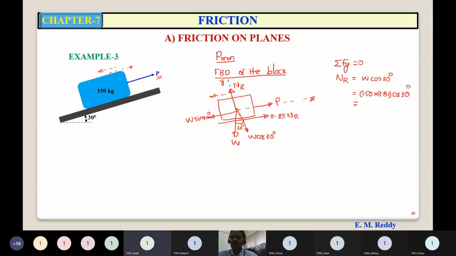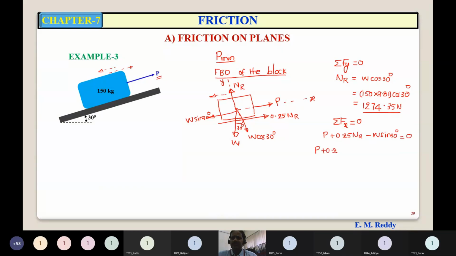So it is 1274.35 Newton. Then the second equation, writing summation Fx is equal to 0. We have plus P plus 0.25 into normal reaction minus W sin 30 is equal to 0.